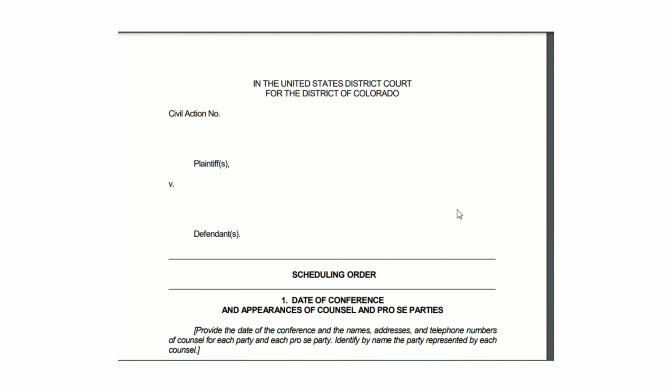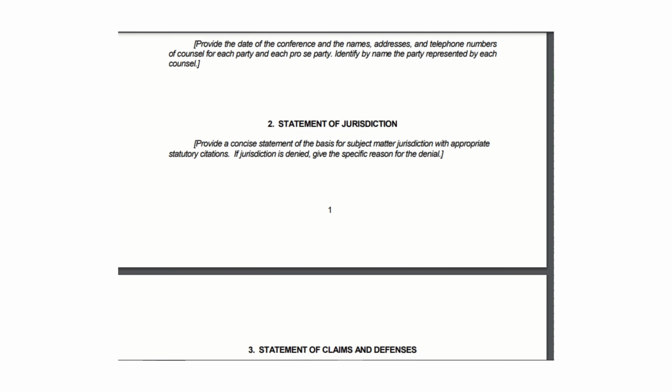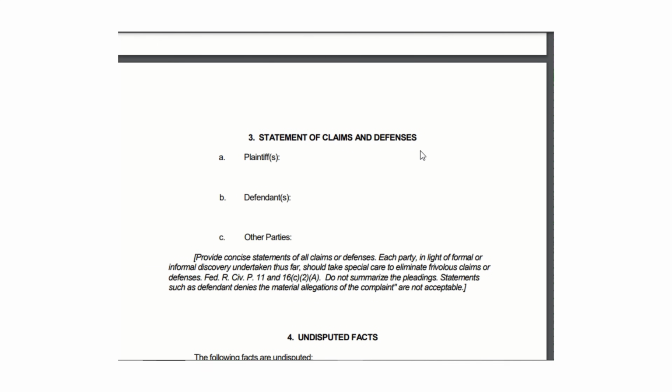So the scheduling order, date of conference, that is what the parties will be discussing. That's pretty much what the parties will address in their conference, okay? They will need to include the statement of jurisdiction. And the parties should be familiar with this because it's already stated in the complaint. Statement of claims and defenses.